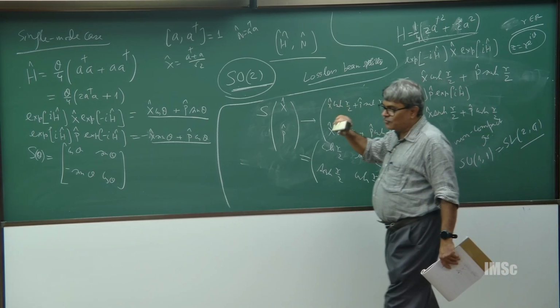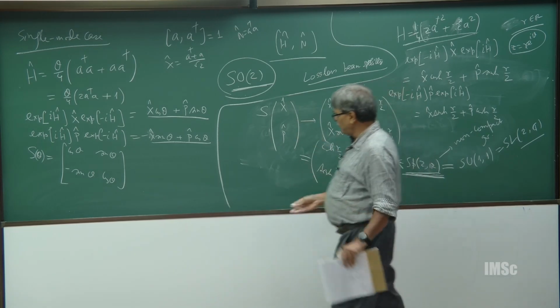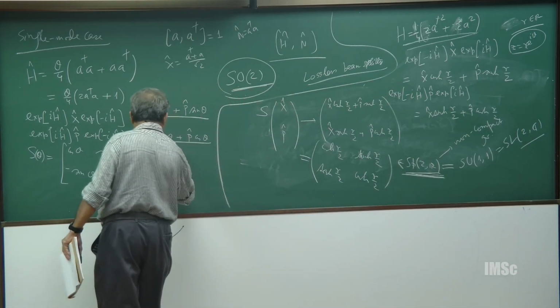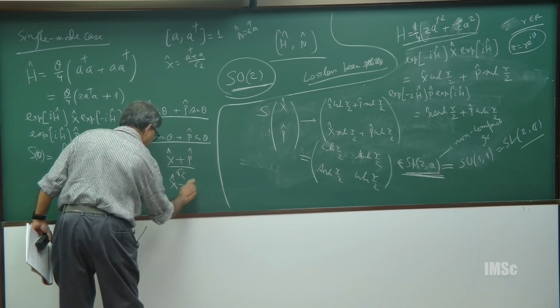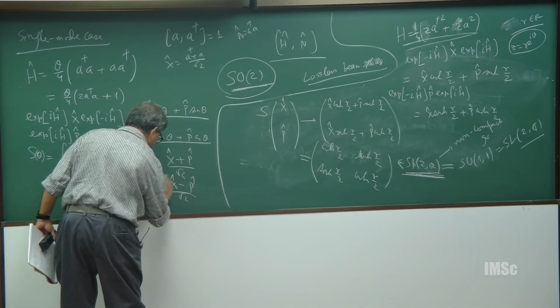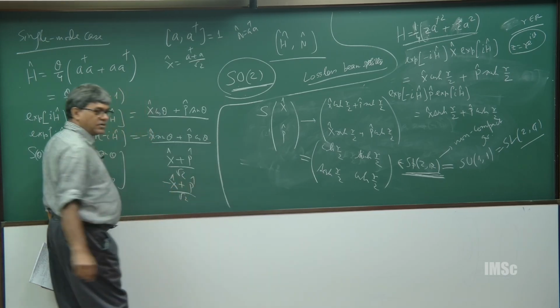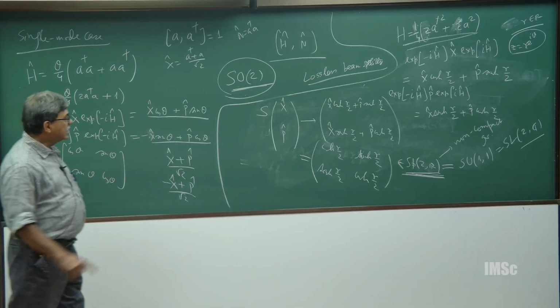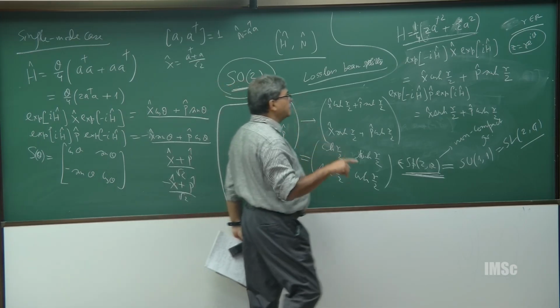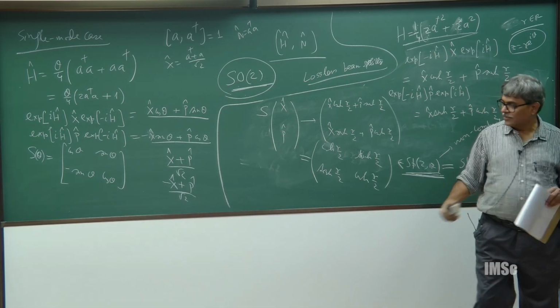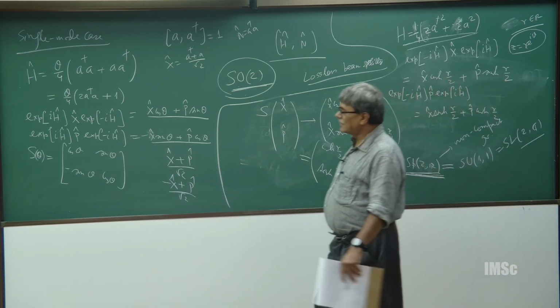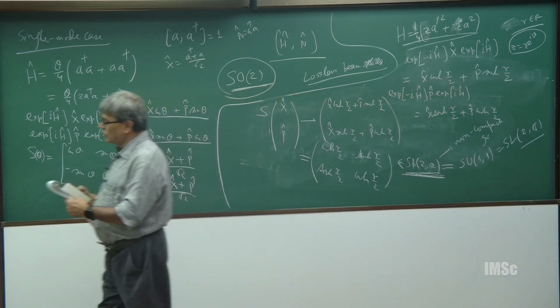You will have to rotate to this frame, so x plus p by root 2 and x minus p by root 2. So it corresponds to that. If I take a dagger square plus a square, the rotation is also included. Okay, thank you.